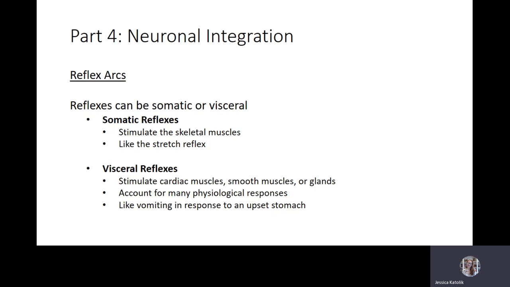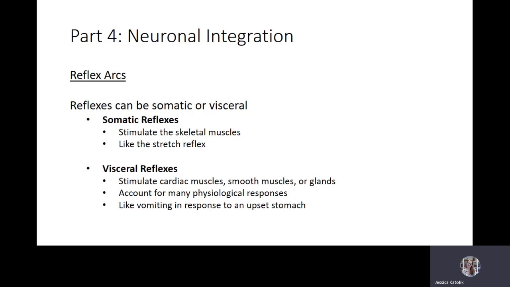As a response, what will happen in that visceral reflex is the brain will send out motor neurons to the heart, and it will also send motor neurons to the blood vessels. It will tell the heart to beat faster, and it will also cause our blood vessels to constrict. Both of these actions are responsible for increasing blood pressure.